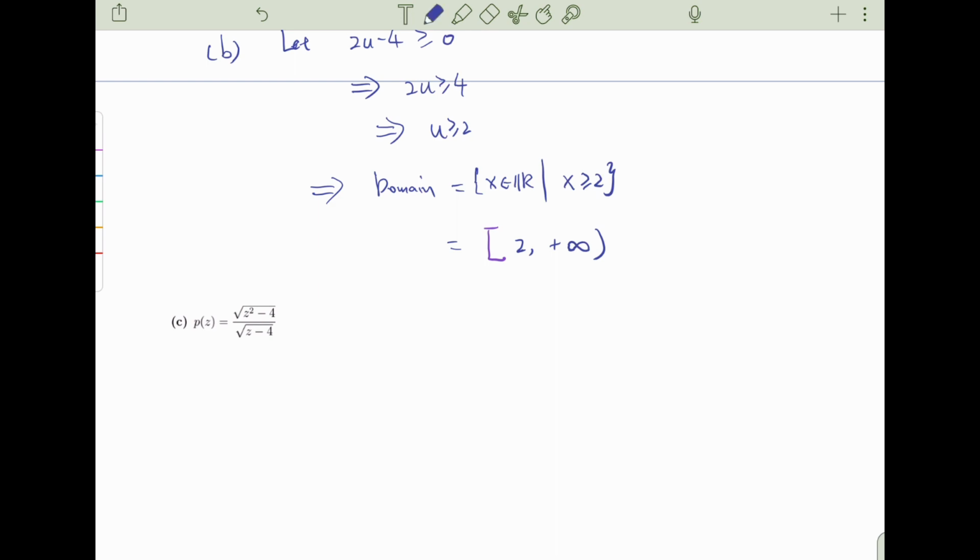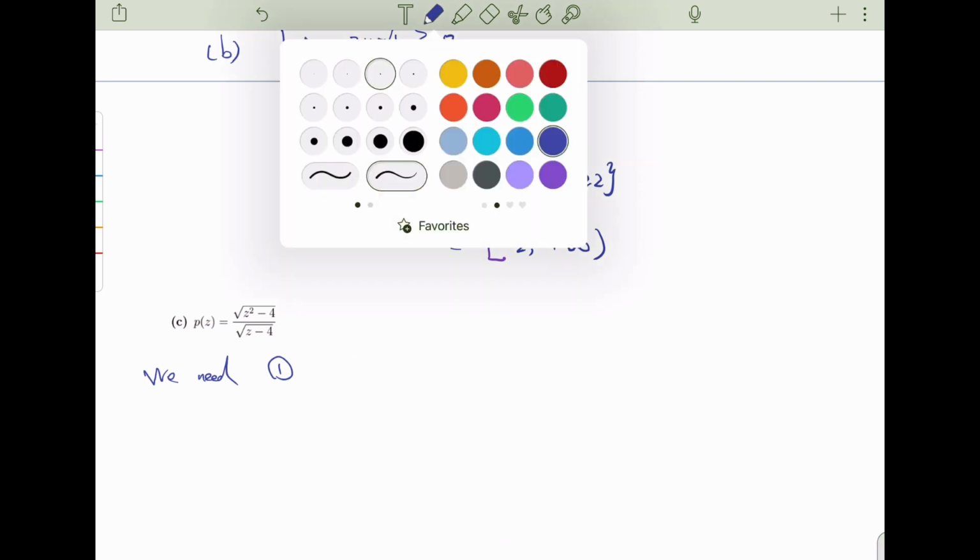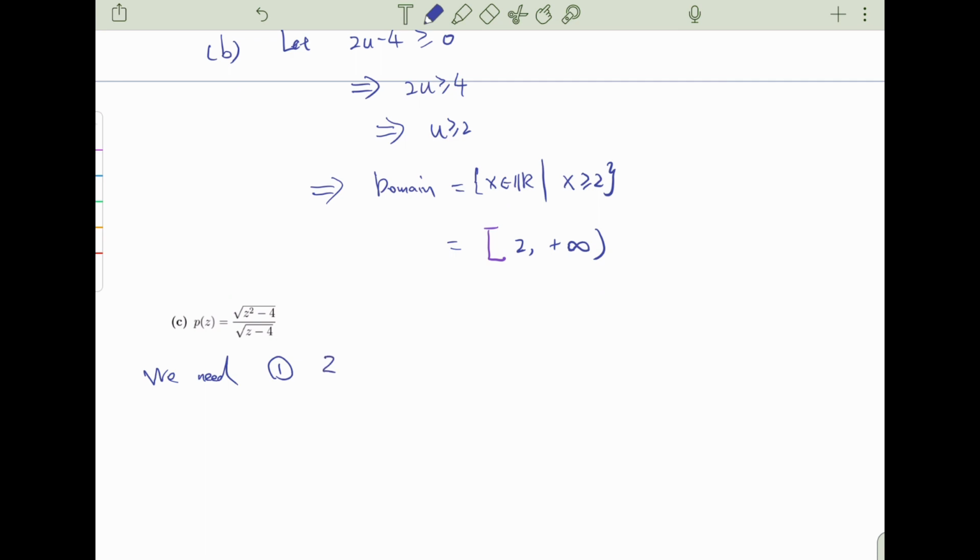So the first thing is that we need, number 1, to make sure the expression inside the square root, z squared minus 4, is greater than or equal to 0. And the second thing, besides that, the other thing inside the square root, that is z minus 4, needs to be greater than or equal to 0.